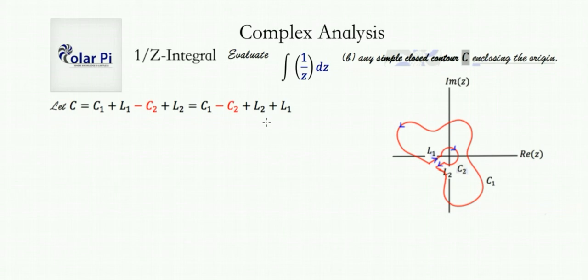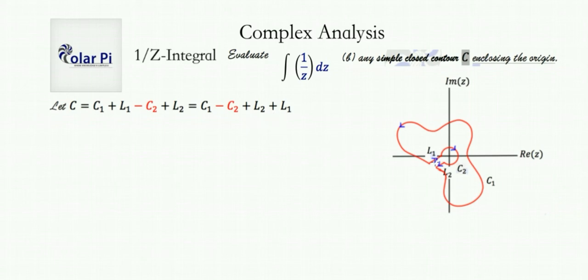And therefore, the contribution from the integral of L1 plus the integral of L2 to the integral of C is going to be 0. So first, we know the integral over the contour C is equal to 0, but we also know the sum of the integrals over the contours L1 and L2 is going to be 0.